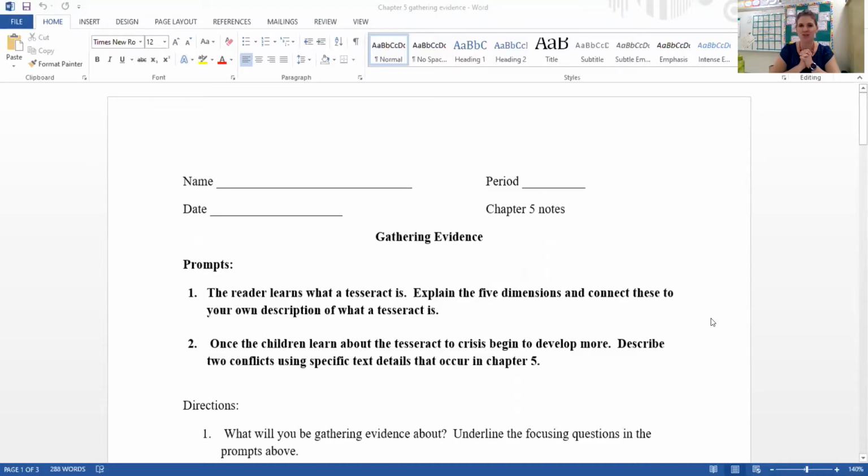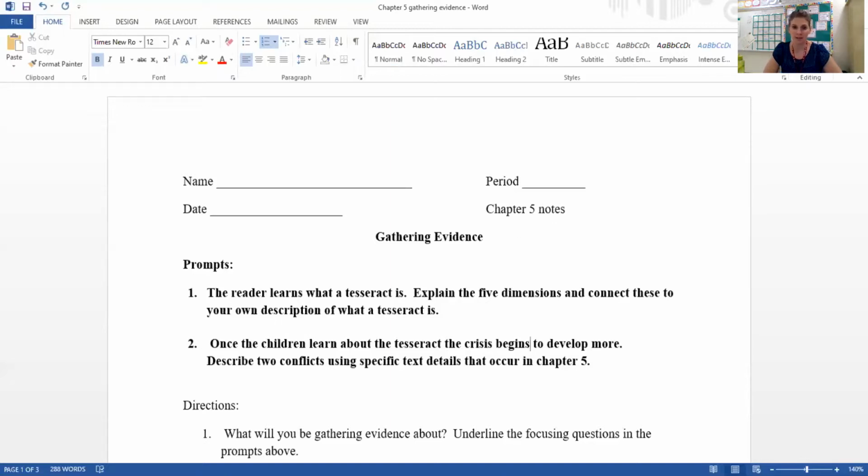Once the children learn about the tesseract, the crisis begins to develop more. Fix that on your paper so it makes sense. I'm fixing it for next year, and I updated it for this year. I'm sorry about that typo. Describe 2 conflicts using specific text details that occur in Chapter 5.